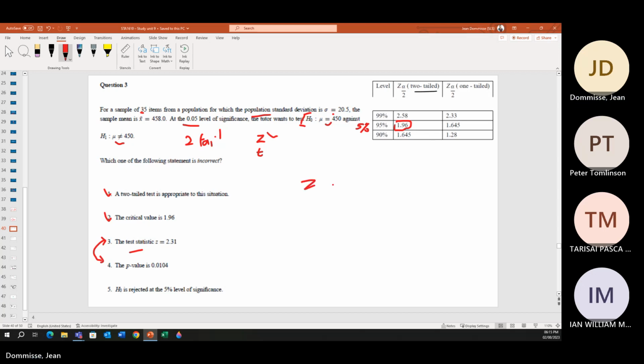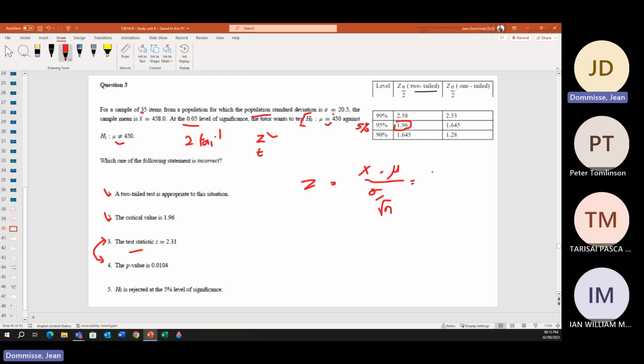So, nearly doing what we did in chapter 7, we will need to work out what that Z value is. Okay, so they tell us we want to test where it's 450 against the 458.